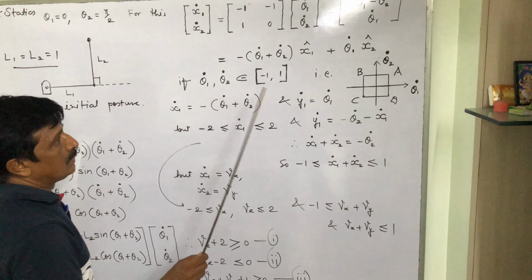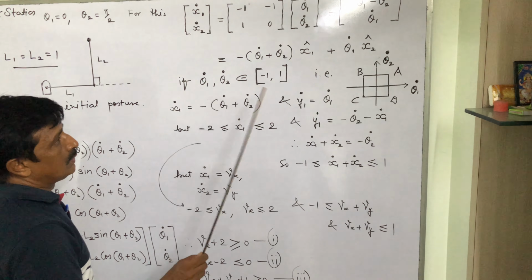From the other, minus 1 is less than or equal to vx plus vy, and vx plus vy is less than or equal to 1. So we have 4 inequalities, and the intersecting set of these 4 inequalities gives the velocity space of the end effector.